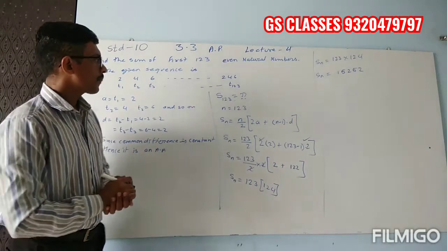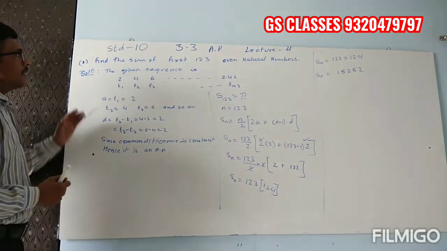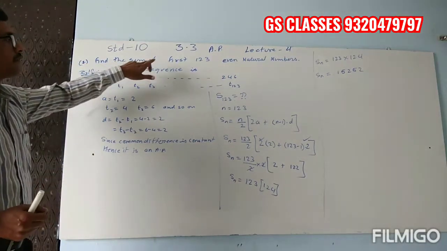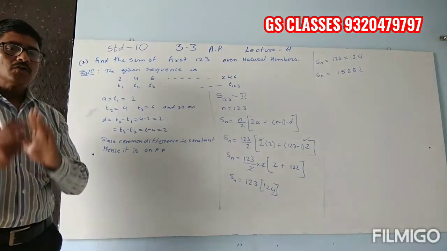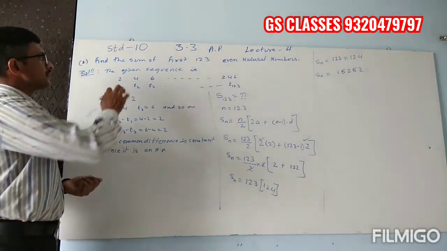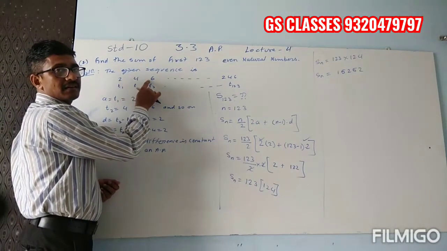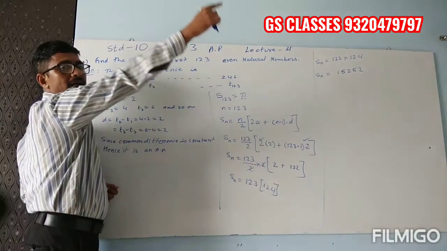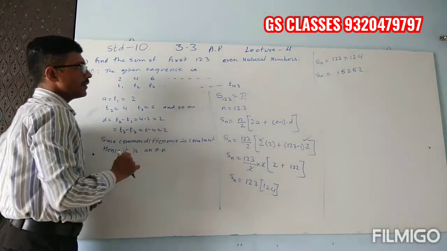So children, what actually they were asking us, find the sum of the first 123 even natural numbers. So what you can do, you just write even numbers, 2, 4, 6. Like this, there are so many terms. Even if last term you are not writing, no problem.